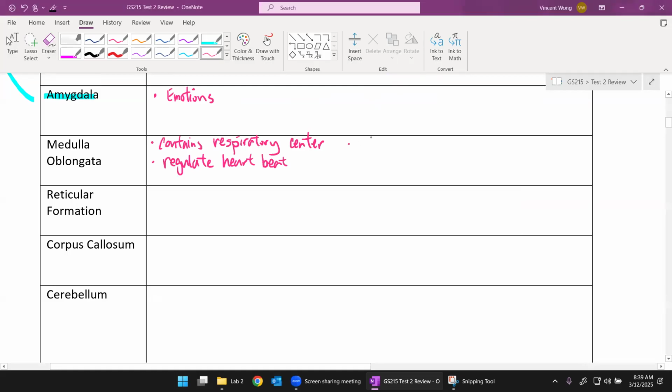The medulla oblongata also contains reflex centers for swallowing, sneezing, coughing, and vomiting.